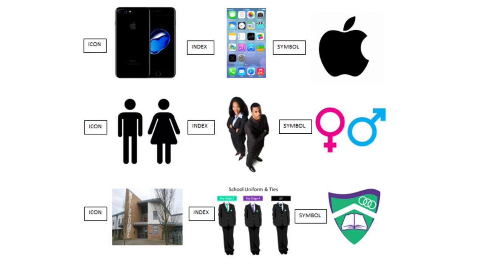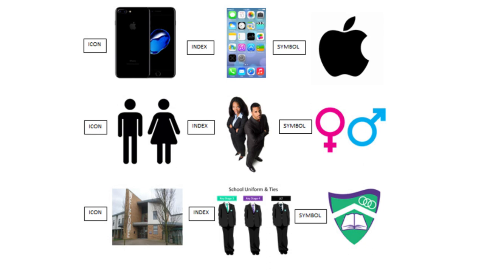An icon is basically the item itself, so the item is a phone, an iPhone. The index is what's associated with it, the image you see when you look inside a phone.